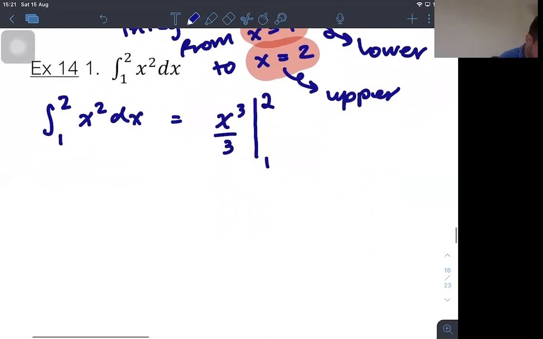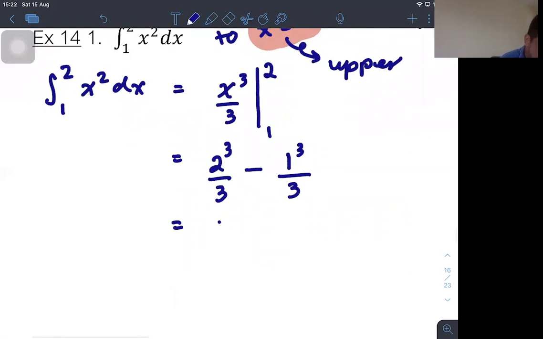Then what I do is I just substitute 2 into the integrated function, so that I have 2 to the power 3 over 3. Then minus the substitution of the lower bound, so I have 1 cubed divided by 3, right?